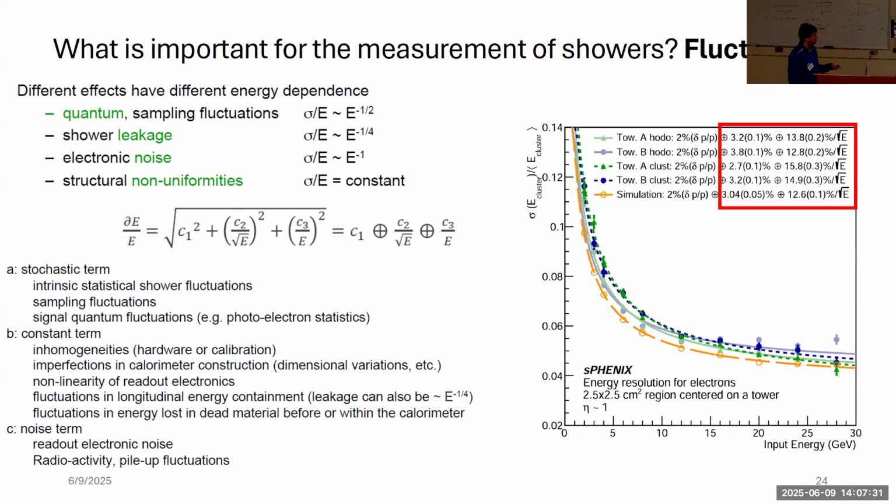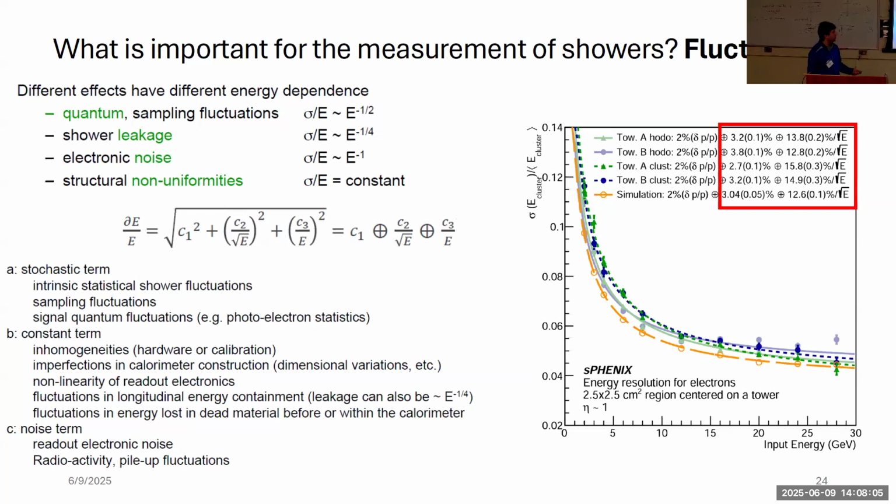But then there are two other terms. There's a constant term, say C1 here, which can encompass several things. It can be due to inhomogeneities in the readout or the actual hardware, other imperfections, the nonlinearities I mentioned, or calibration issues, where getting the calibration from signal to energy is not perfect.